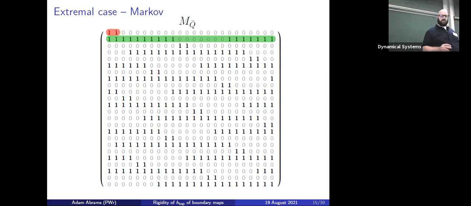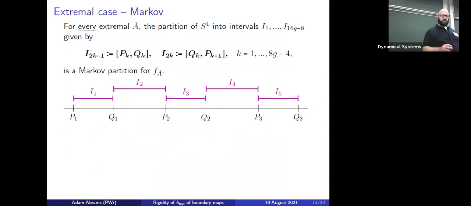And the reason for this, if I go back to the Markov partition, is that the different boundary maps for different extremal parameters disagree on which generator to use on the interval I1. So FP uses T1 on the interval I1 because for FP, A1 equals P1 and A2 equals P2, etc. If your extremal parameter has A1 equal to Q1, then you're going to use T12 on this first interval I1.